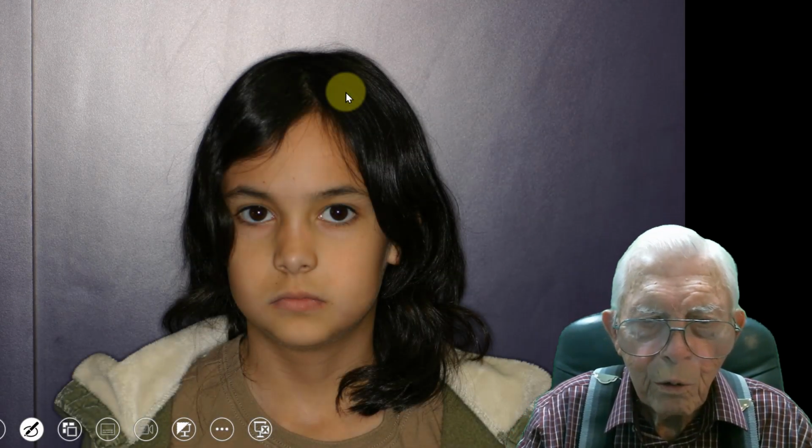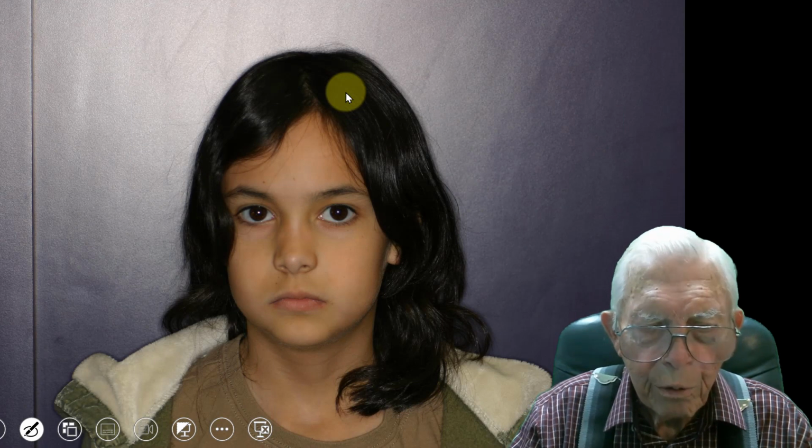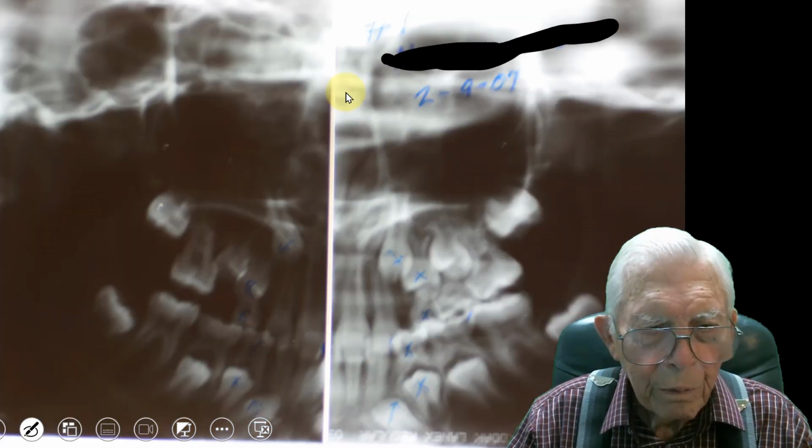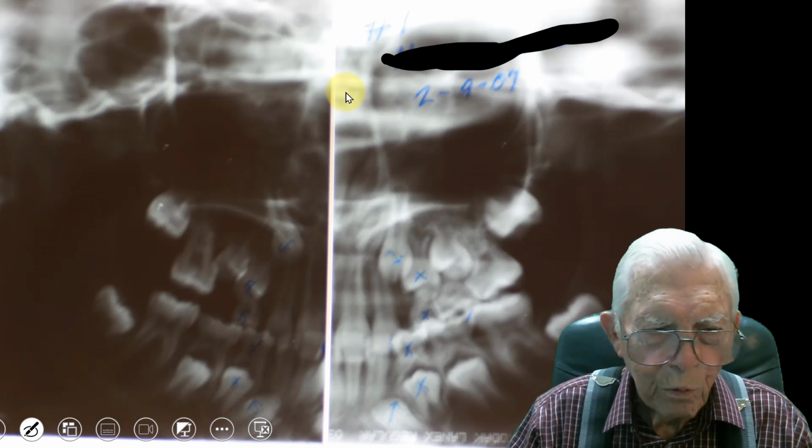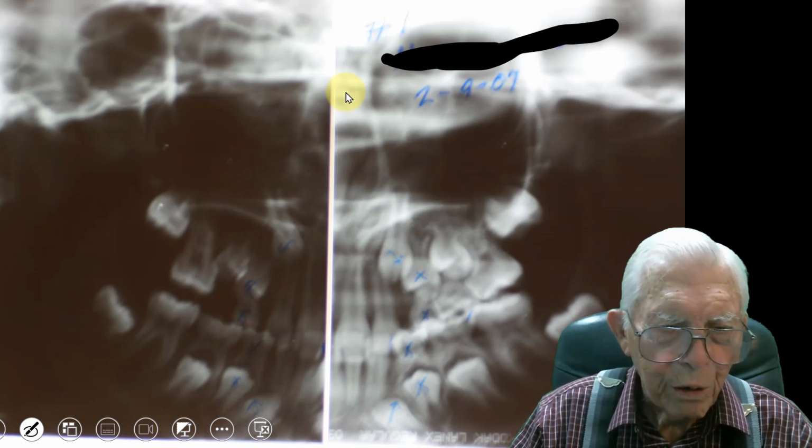I want to talk to you about follicular movement of teeth. This little girl had a problem with crowded teeth, and this has happened all over the world. They have mixed up people.